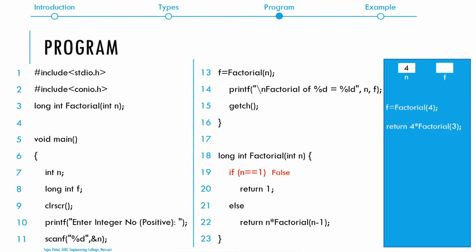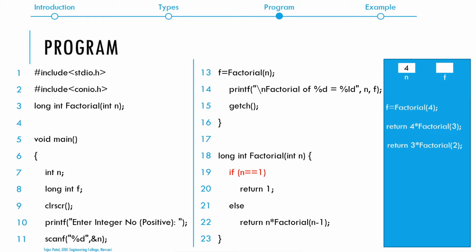Hence, we will again execute the statement return n into factorial n minus 1, which will result in return 3 into factorial 2. Again, return statement 3 into factorial 2 contains the factorial 2 function call. So we will again move on to statement number 19, which is n is equal to 1.